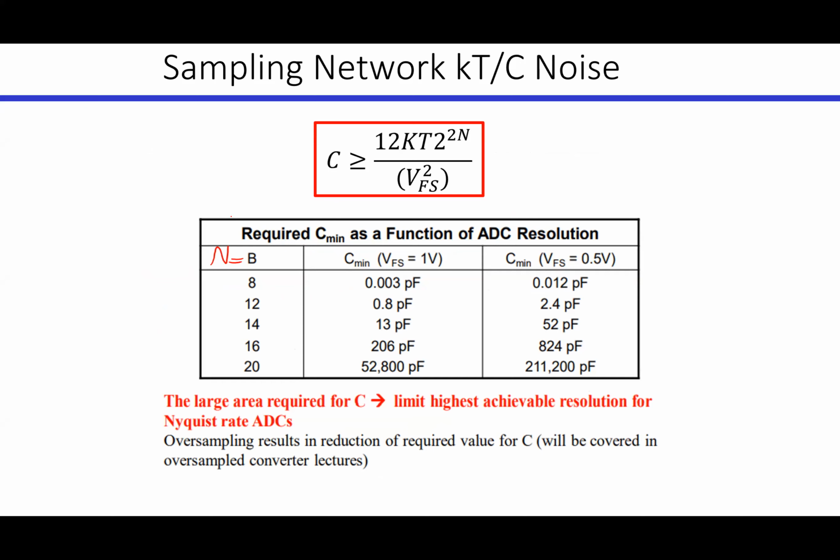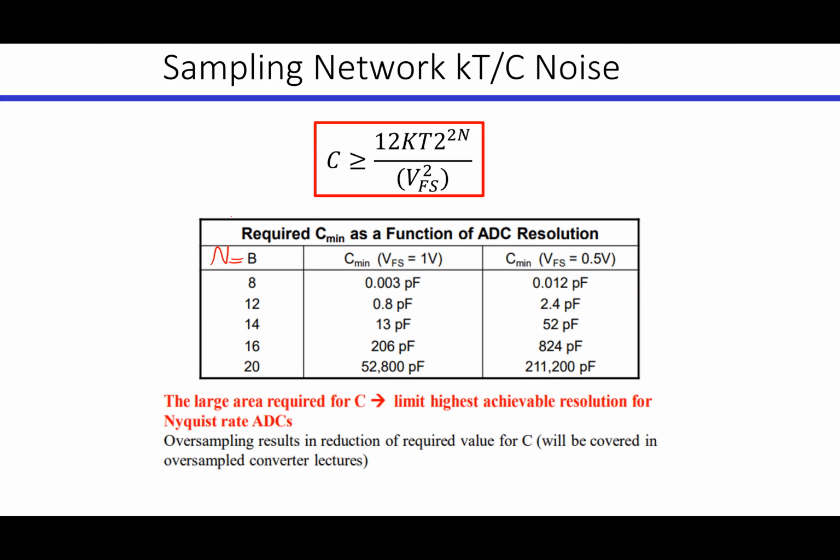So if I have an 8-bit ADC with a full scale of 1 volt, I need, what is this, 0.003 picofarad. It's quite low, manageable. If you have a full scale of 0.5 volt, you will see a larger value of capacitor.